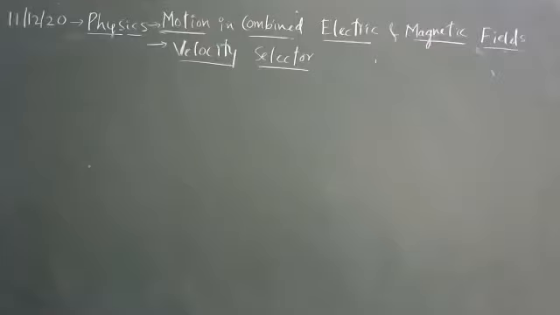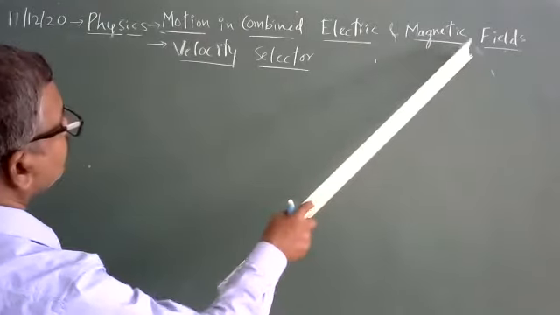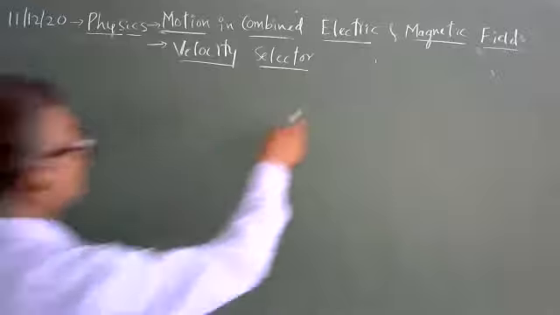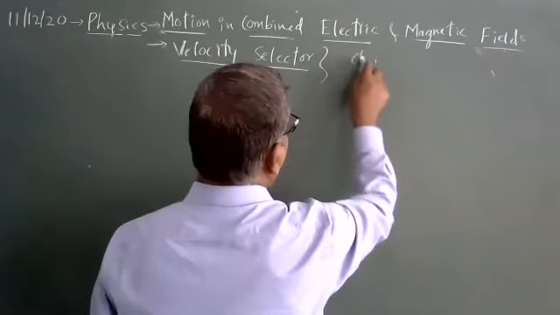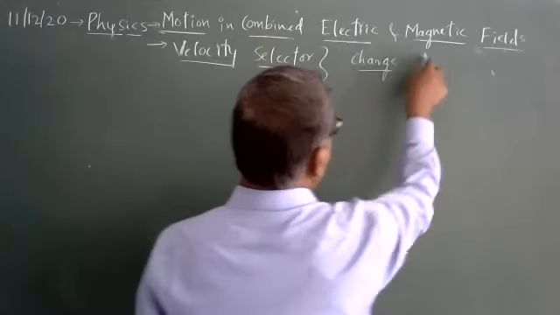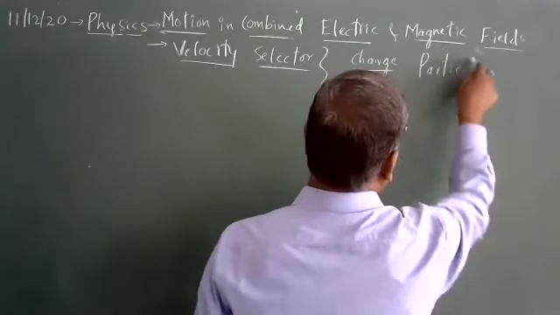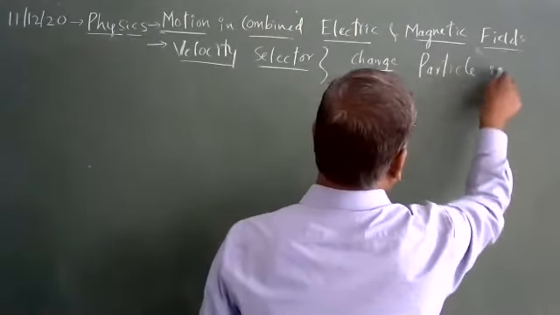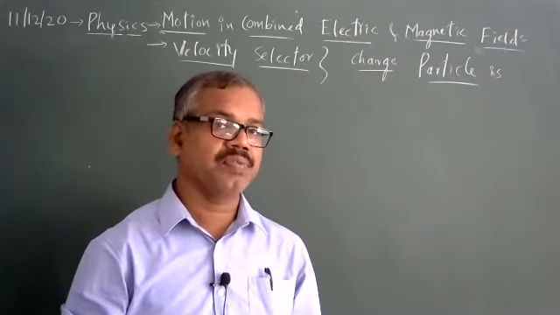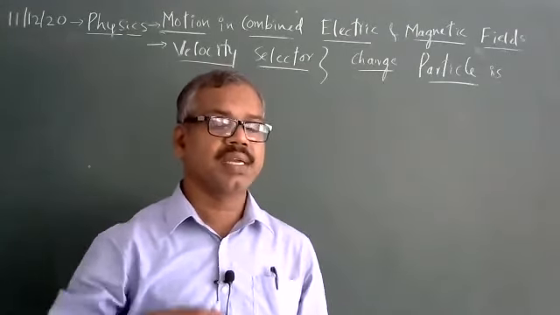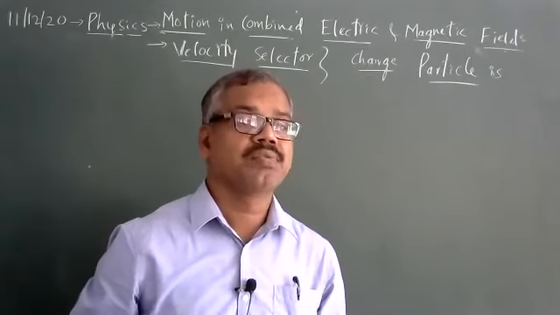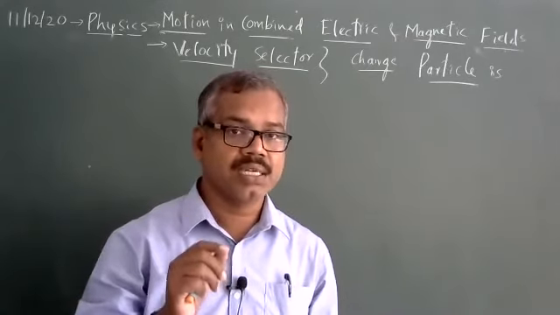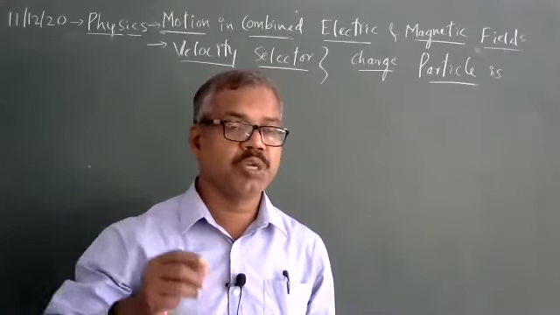The second part of the topic is motion in combined electric and magnetic fields. When a charged particle is subjected to electric as well as magnetic field, where the electric field and magnetic field are 90 degrees apart, say the electric field is along the x-axis and the magnetic field is along the y-axis, what will be the influence on this moving charge? A charged carrier moving with some velocity enters a region where electric field and magnetic field are present.